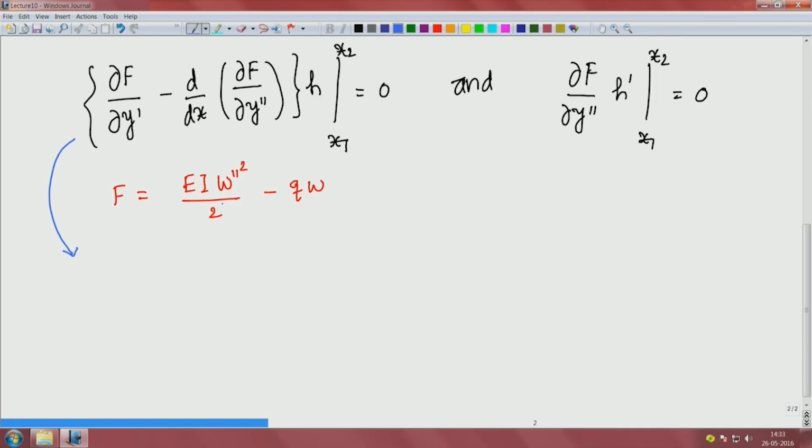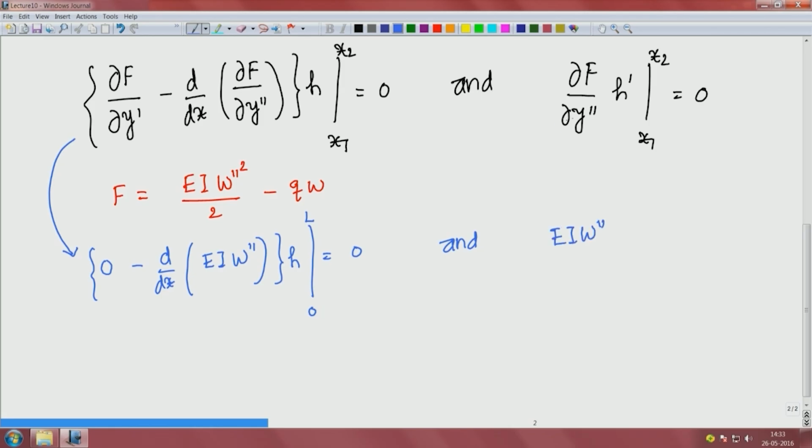There is no w prime, so that is 0, minus d/dx of ∂f/∂w double prime, that gives us EI w double prime times h is equal to 0, at 0 as well as L, and this one is EI w double prime, which we just did based on what f is, instead of y we have w, multiplied by h prime, 0 to L equal to 0.